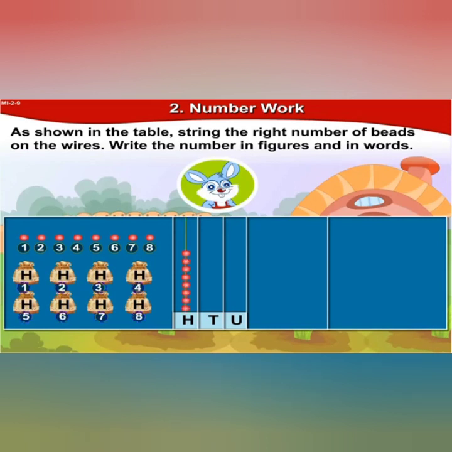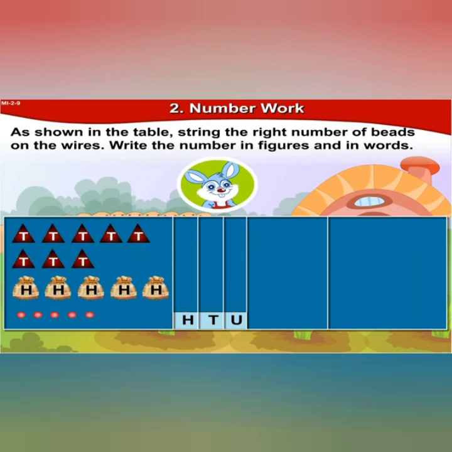So at the wire of hundreds, we'll make 8 beads. There will be no bead at the tens wire and 8 beads at the units wire. In figure, it is 808 and in words, it is 808.